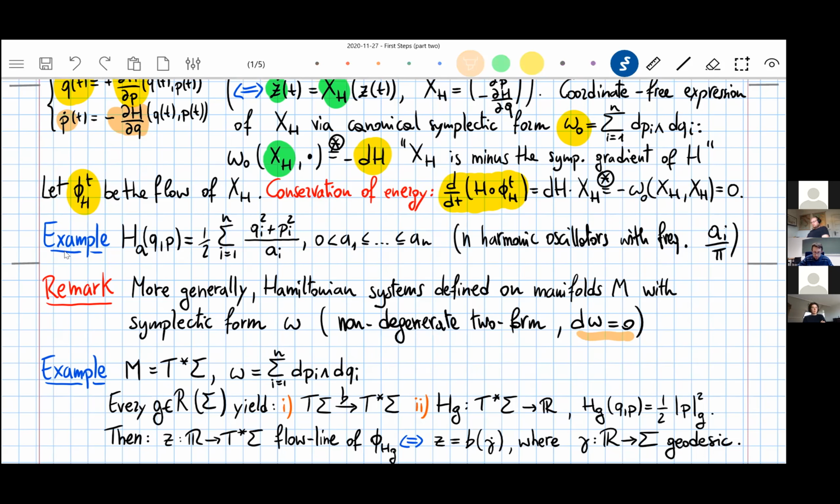And then as the prime example for us, which is relevant for the first talk, is that we can take as M the cotangent bundle of a surface, or also a more general manifold.